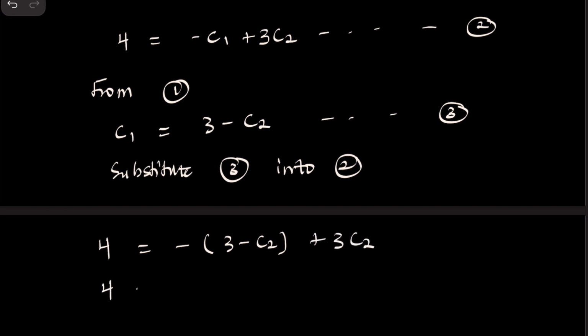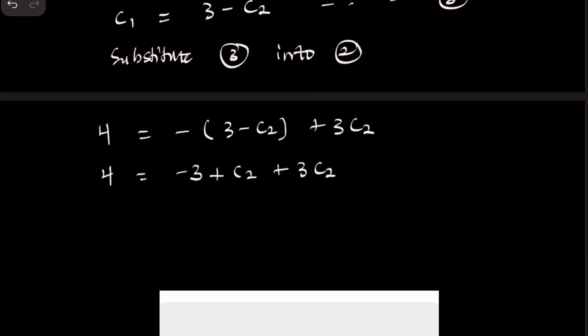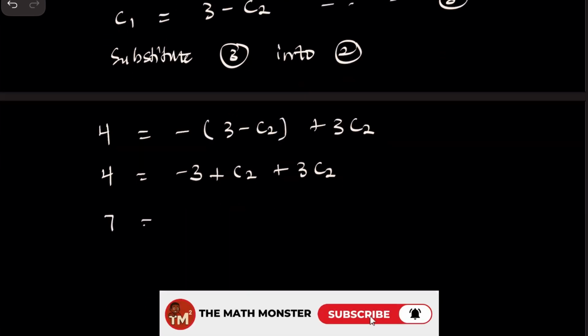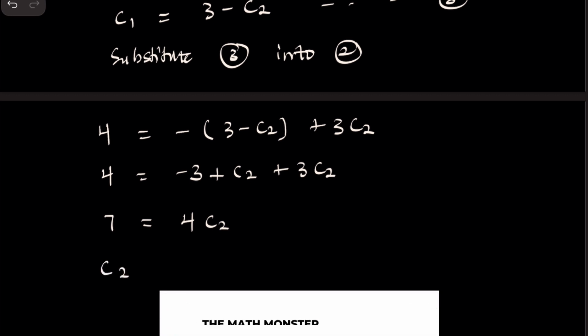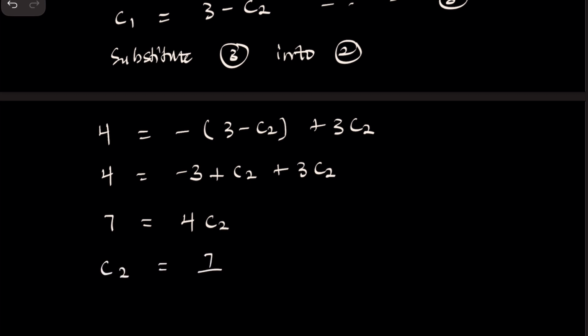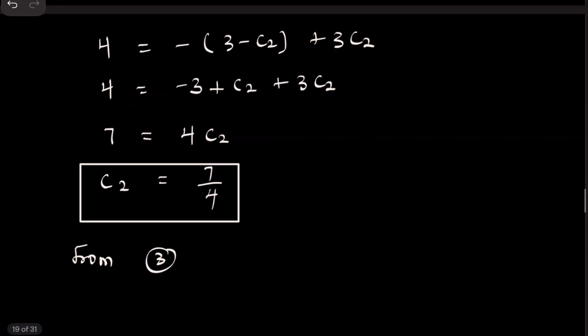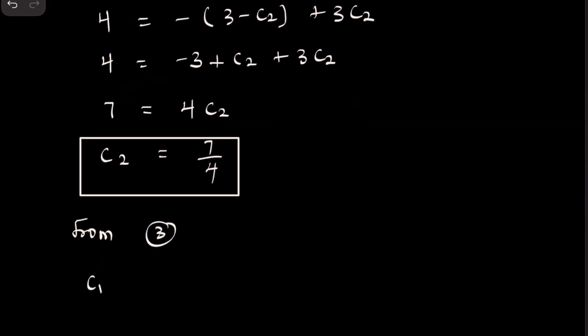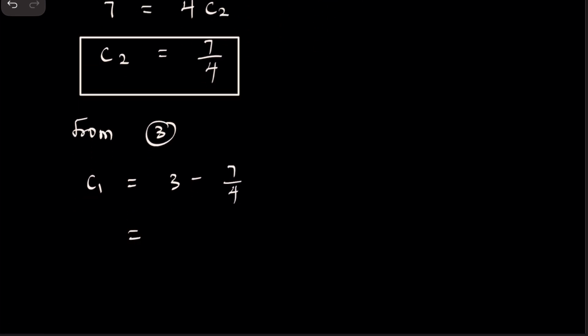So let's simplify. So that's going to give us minus 3 plus C2 plus 3 C2. Simplifying this gives 7 is equal to 4 C2. And so we have C2 to be giving us 7 on 4. So from equation 3, we have C1 is giving us 3 minus C2, and C2 is giving us 7 on 4. Thus, C1 is giving us 5 on 4.